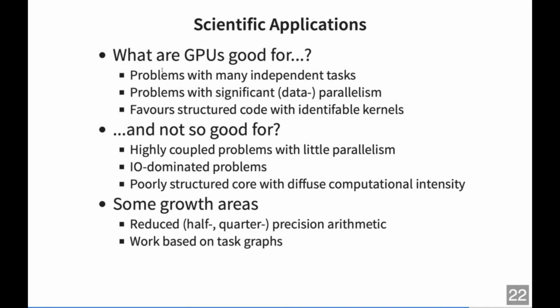You don't really care so much. And so when people started doing scientific problems on GPUs, people started demanding we must have double precision 8-byte floating point operations, which duly appeared.